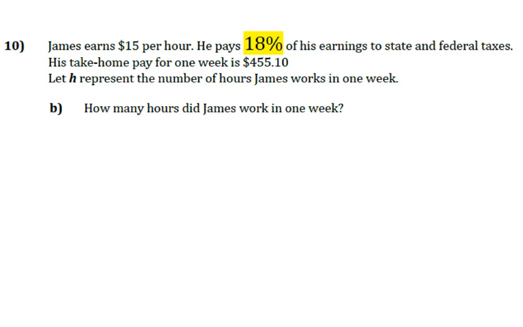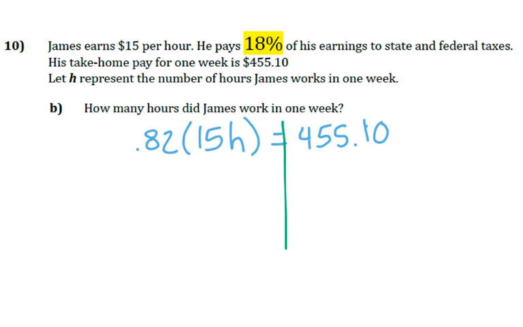B. How many hours did James work in 1 week? So I'll use the second equation that we came up with in part A and solve it by multiplying 82/100ths times 15h. This multiplication results in 12.3h, which equals 455.10.